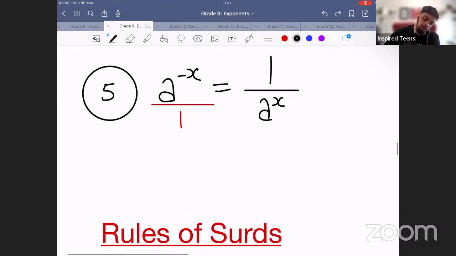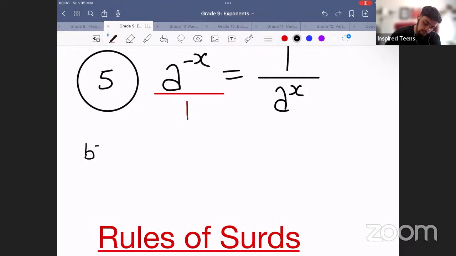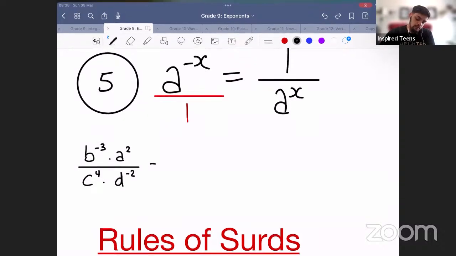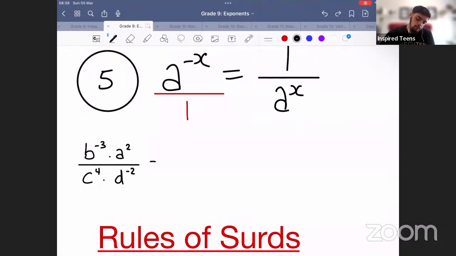Okay, so if I do an example, if I have b to the negative 3 times a to the 2 divided by c to the 4 times d to the negative 2. So just say I wanted this answer with all positive exponents.